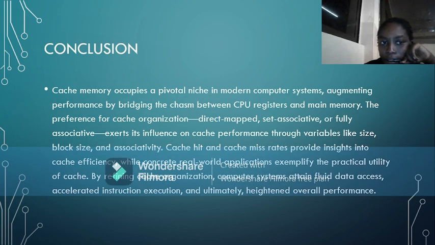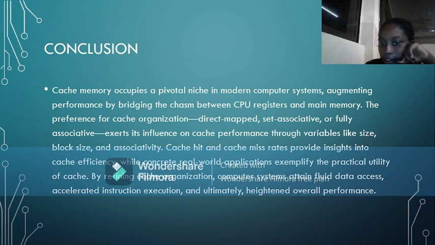The conclusion: cache memory occupies a pivotal niche in modern computer systems, augmenting performance by bridging the gap between CPU registers and main memory. The preference for cache organization, direct mapped, set associative or fully associative, exerts its influence on cache performance through variables like size, block size, and associativity.